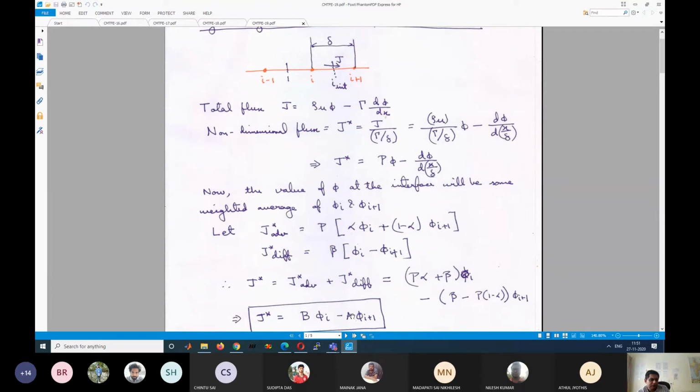Now, if I reverse the coordinate direction, so I have a new coordinate direction where x dash goes from the right side to the left side, I have reversed the direction of the coordinate. What is now the backward grid point for this interface in the new coordinate system?